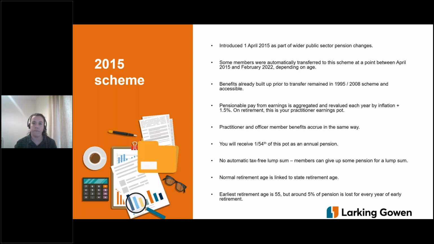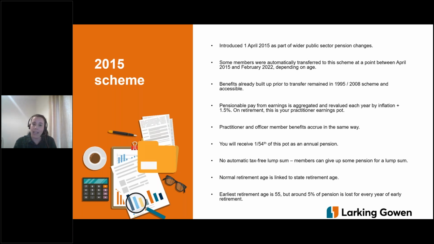They're still sitting there. The 2015, again, is a career averaged earnings. So for GPs, this actually doesn't really change how the benefits are calculated. It's a bigger change for the officer members because they had a final salary scheme. They're now moving into a career averaged earnings.